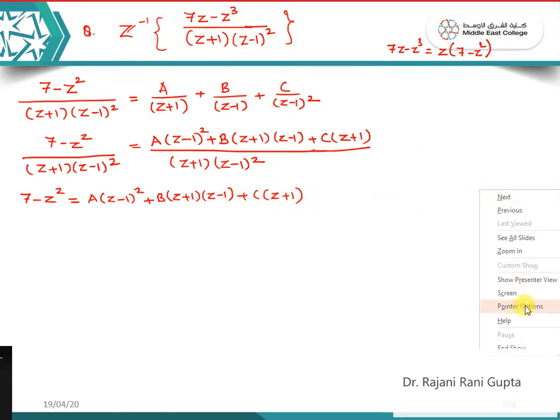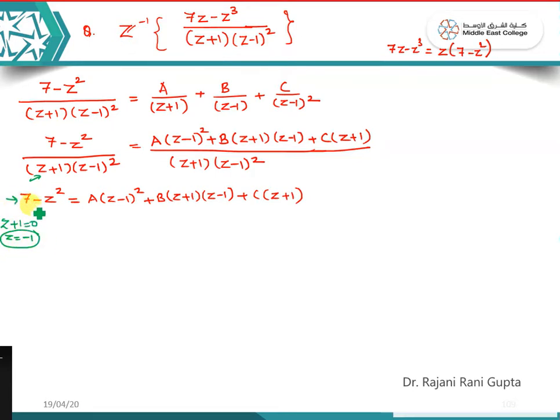Here, as we have three constants A, B and C, we need to substitute three different values of Z. From here, Z plus 1 equal to 0 gives Z equal to minus 1.